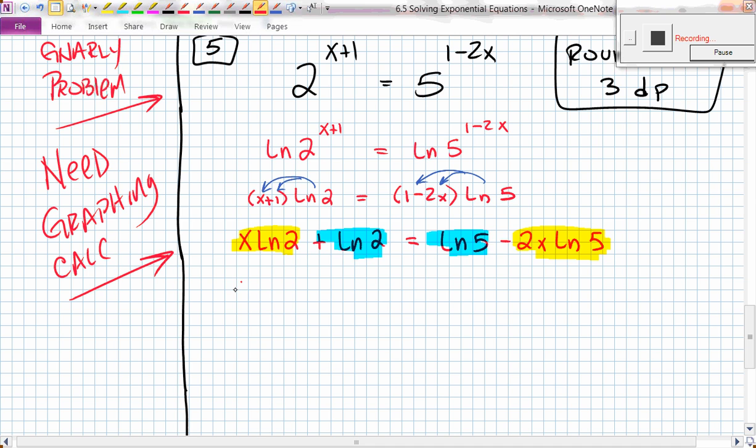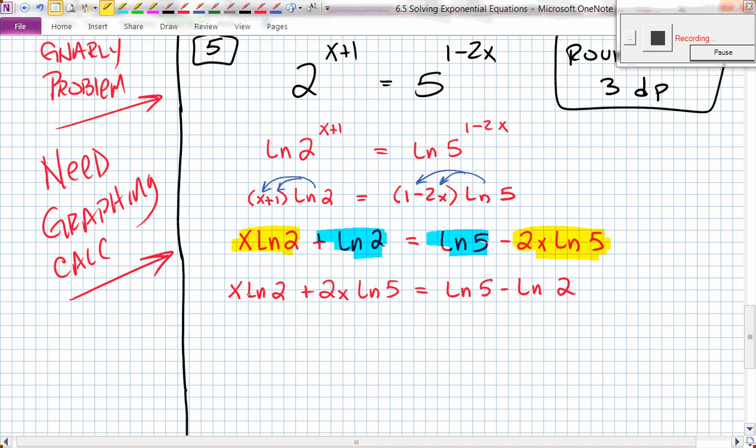Okay? So then here's what I end up with. I end up with x times the natural log of 2 plus 2x times the natural log of 5 equals the natural log of 5 minus the natural log of 2, using properties of algebra. Okay, so now, check it out.